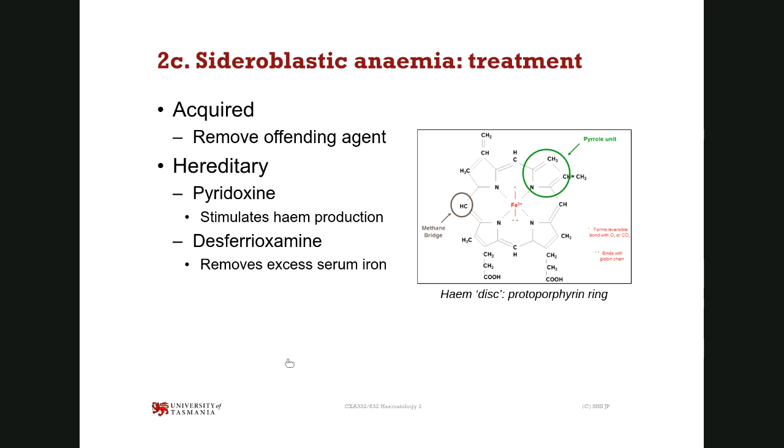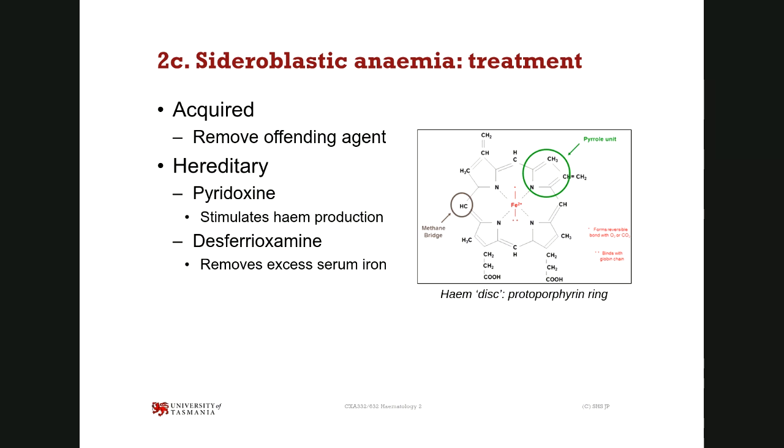So sideroblastic anemia, as I said, the acquired forms, if it's caused by chemicals or alcohol, then if we remove the offending agent, usually the bone marrow will bounce back quite well. If it's hereditary, it's really quite interesting.